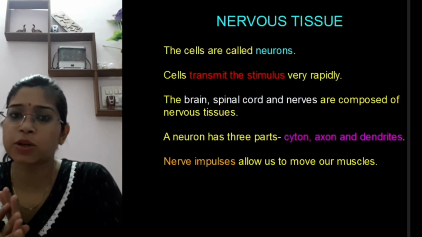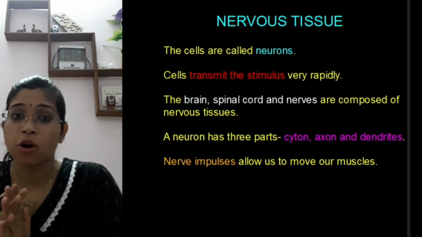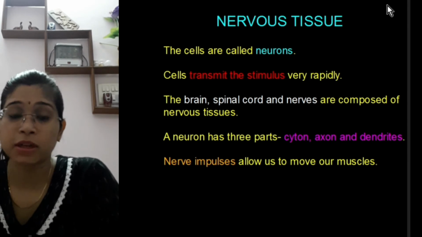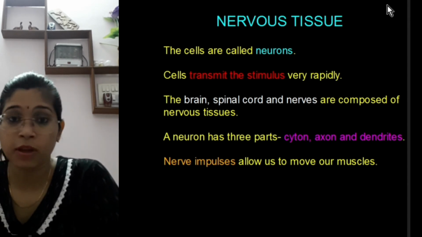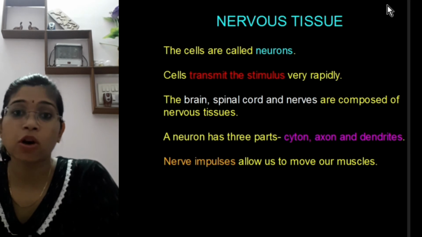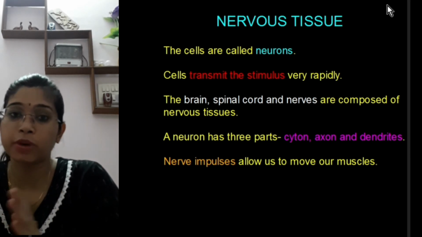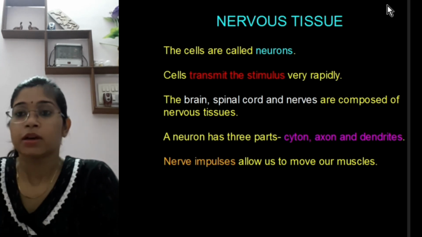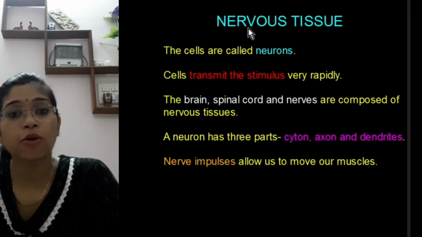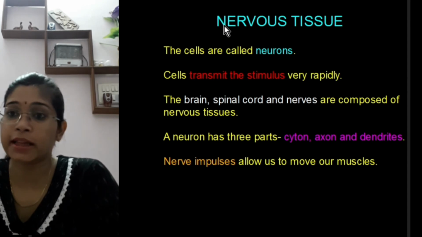The best example goes like this: if you touch a hot cup of tea, what will happen? You will quickly take your finger away from the cup of tea. This is because of the transfer of nerve impulse from one cell to another cell, which is caused by the nervous tissue. The nervous tissue is found in the brain, spinal cord and the nerves.